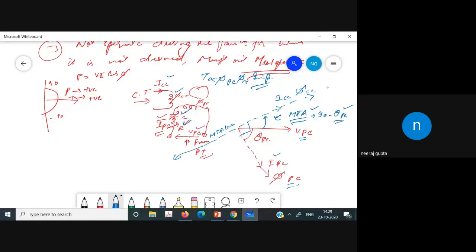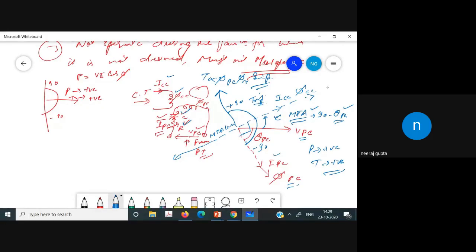Also, one condition is that the power is positive. That condition must be met, because if power is positive, then the torque is positive. It should be between plus 90 and minus 90. So if we start from this one and move to this one, this whole region from plus 90 degrees to minus 90 degrees is the trip region.